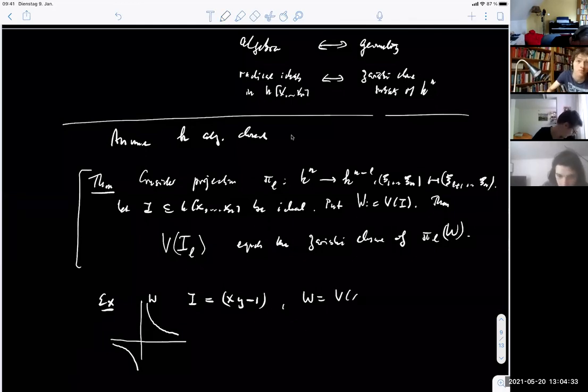And then I project down. Here is my projection, pi 1. So pi 1 goes from K2 to K, and XY is mapped to Y.